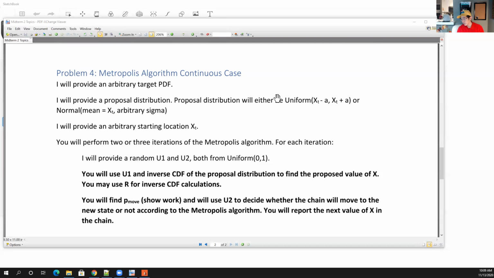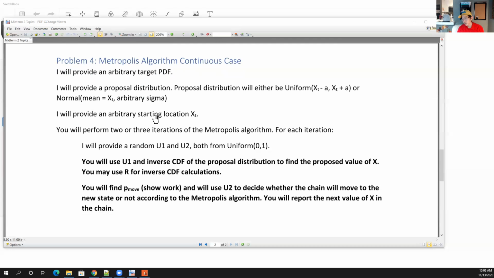And I'll tell you right now, the proposal distribution will either be a uniform distribution going from x at time t minus a to x at time t plus a, or the proposal will be normal with mean x at time t and an arbitrary sigma. Okay, and I'll provide some arbitrary starting location x at time t, and I'm going to ask you to perform 2 or 3 iterations of the Metropolis algorithm manually.